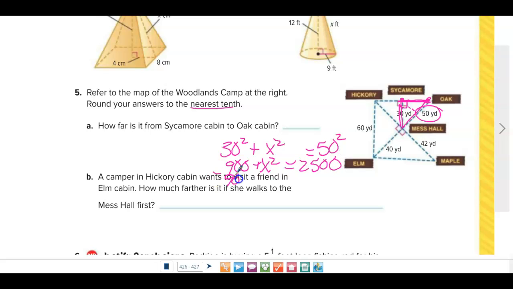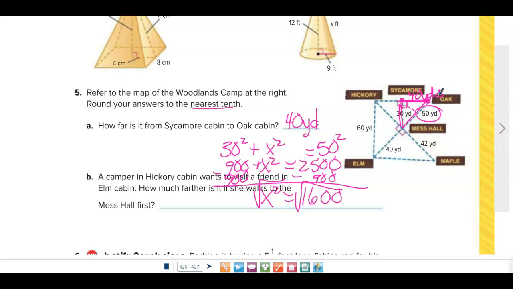I subtract 900 from both sides. I get x squared equals 1,600. Then I take the square root of that to get an answer of 40 yards. So 40 yards should have been your distance from Sycamore to Oak.